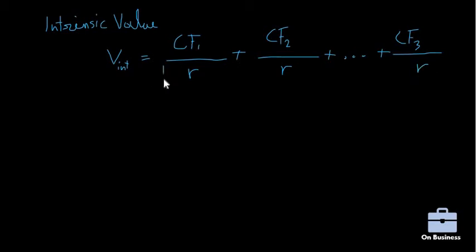So here I have 1 plus r over t, and here t is 1, here it's 2, and here it's n, 1 plus r to the power n.